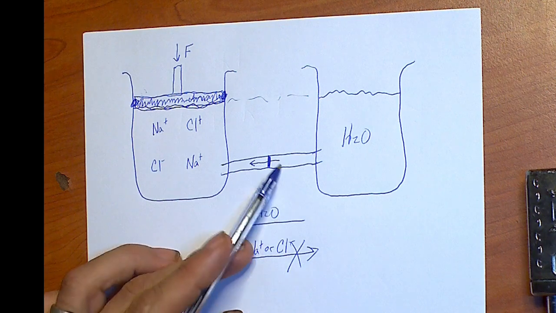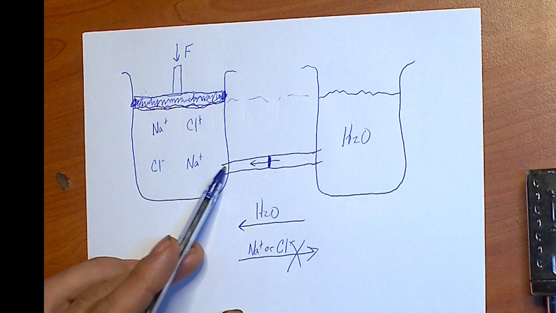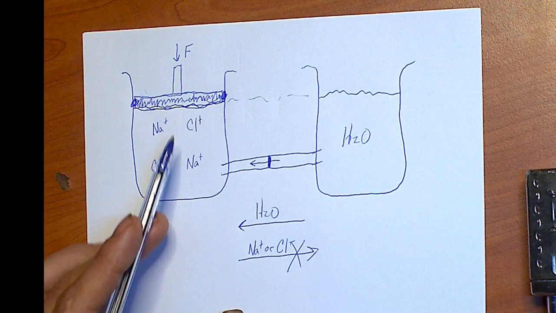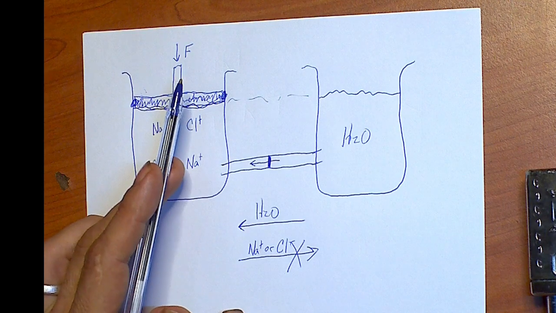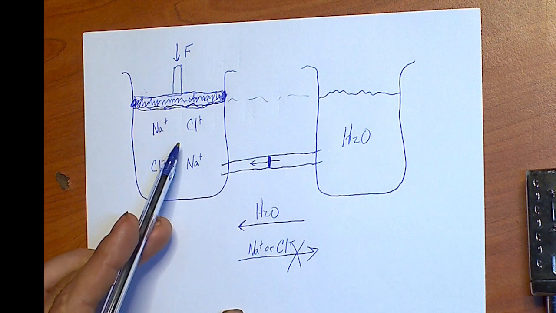Now, as the water is trying to come through the semipermeable membrane and expand this solution, I'm going to push down with a force, putting a pressure on the solution.